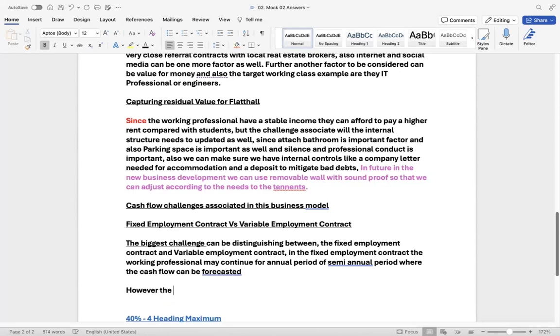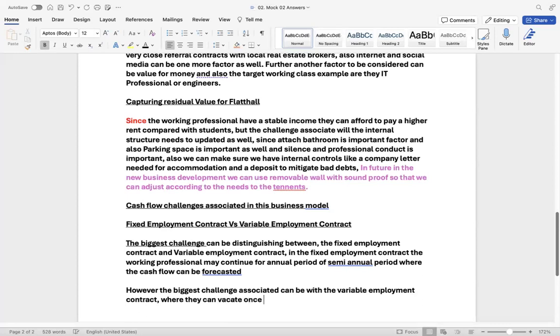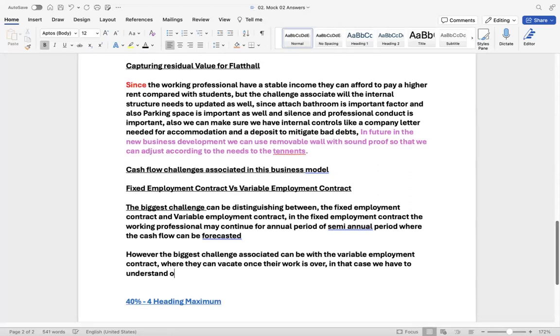However, the biggest challenge can be with the variable employment contract, where they can vacate once their work is over. In that case, we have to understand how the business functions.